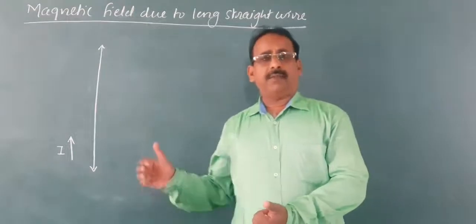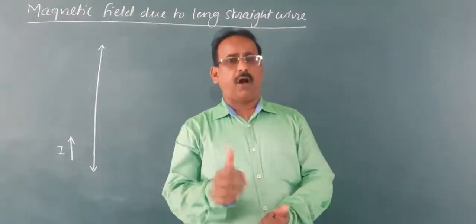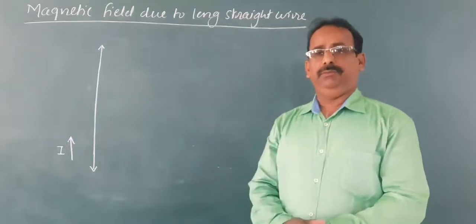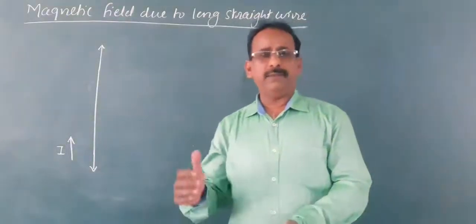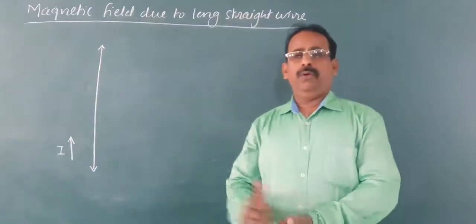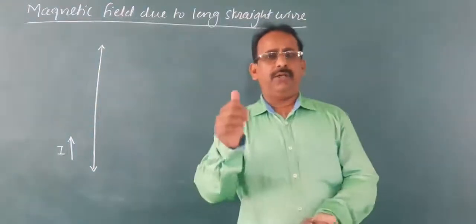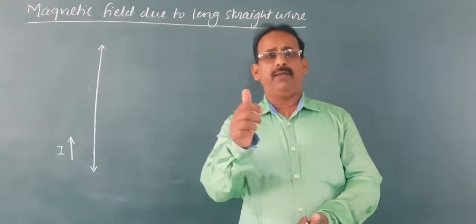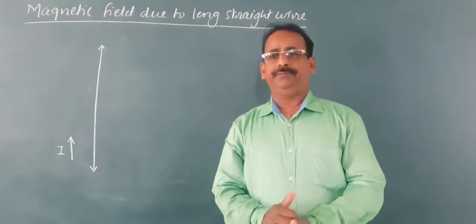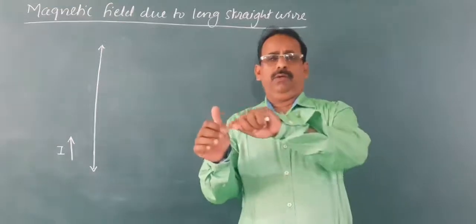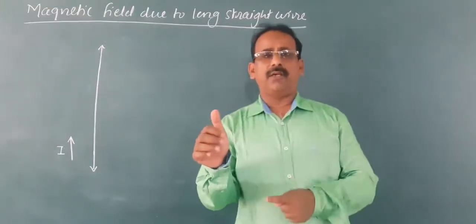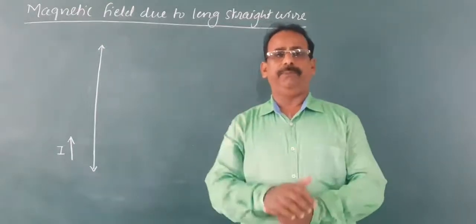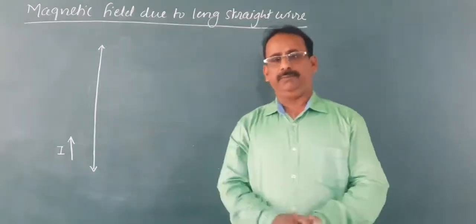The magnetic lines of this magnetic field we can obtain with the help of the right hand thumb rule. What is this right hand thumb rule? Hold that wire in the right hand such that the thumb will come in the direction of current. Then the curled fingers give us the magnetic lines of force of that magnetic field produced by that wire.